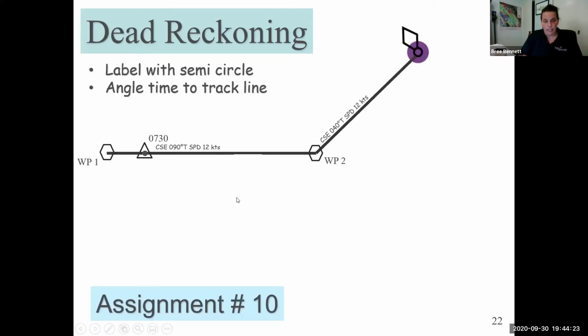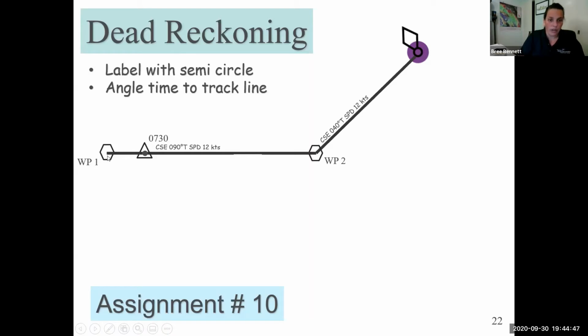Okay, so dead reckoning, I have a very abbreviated little track line here. So we have WP, that stands for waypoint. That's a term we use a lot, just as a turning point or kind of like the intersection of what we're doing.